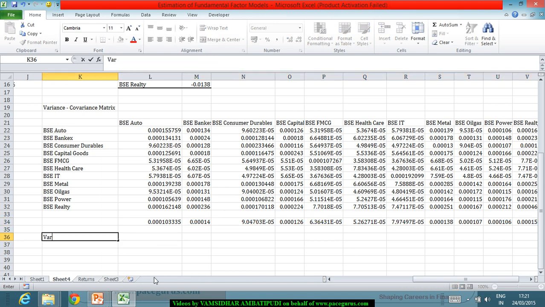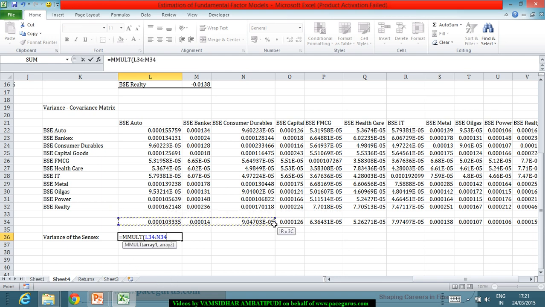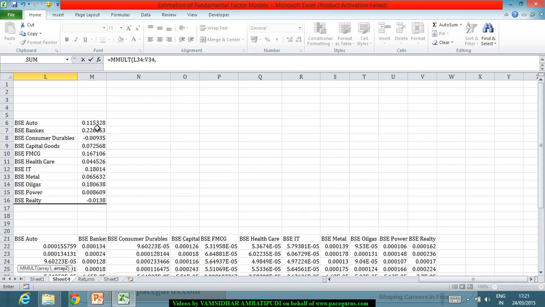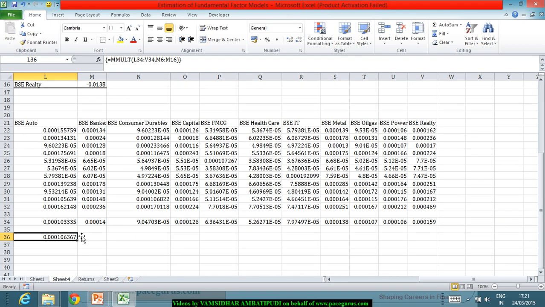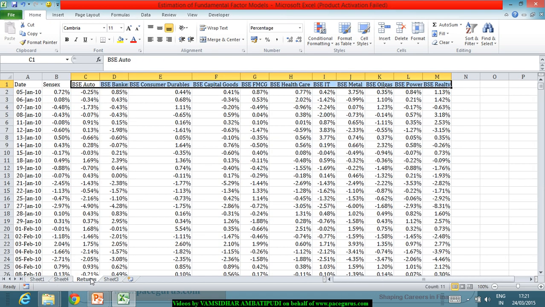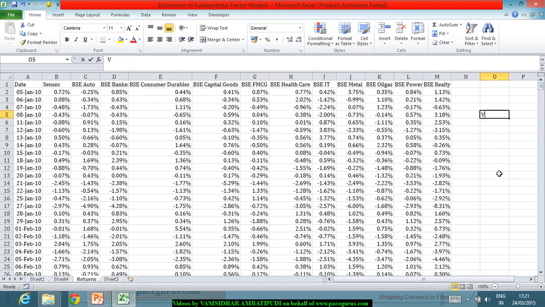Then the variance of the Sensex attributable to the various factors comes out as MMULT of the 1 by 11 matrix, multiplied by the 11 by 1 matrix. So this gives me that the variance of the Sensex attributable to these various factors is around 0.0001.